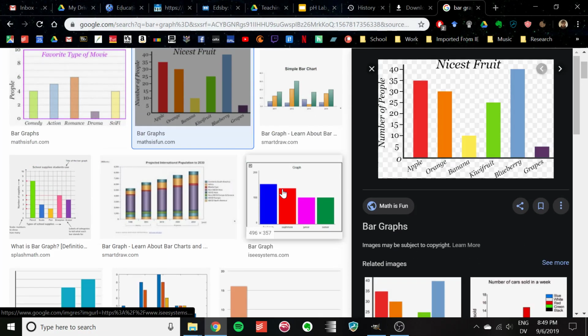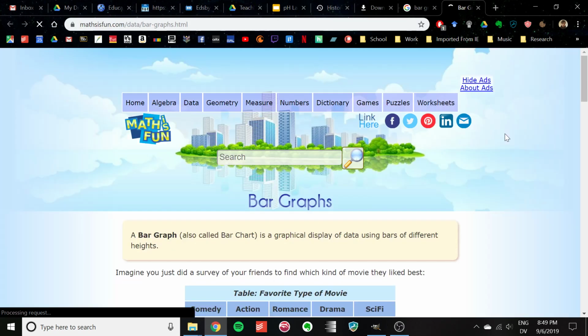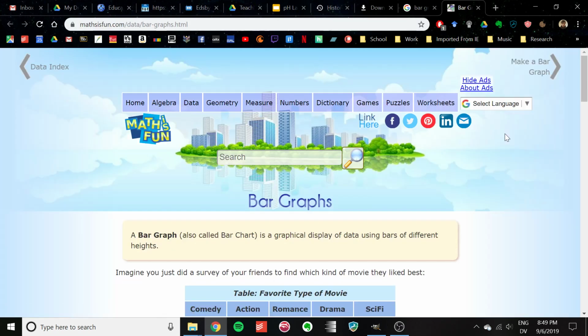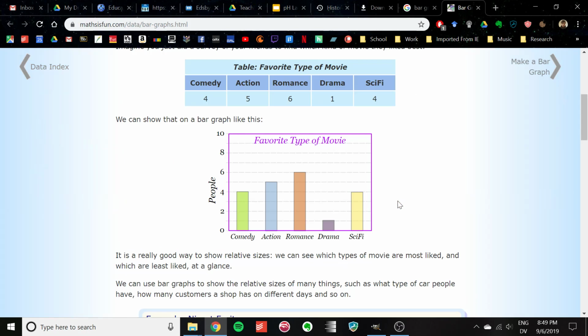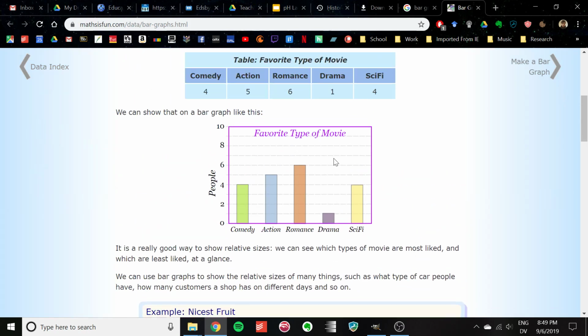Look at this. A bar graph is going to look like this. Fine, perfect. If you have something like this for the cohesion data averages, then I will give you extra credit.